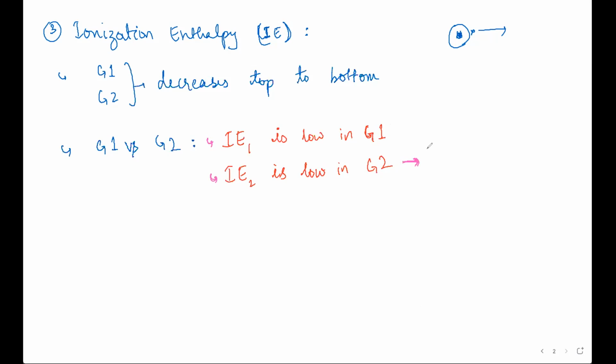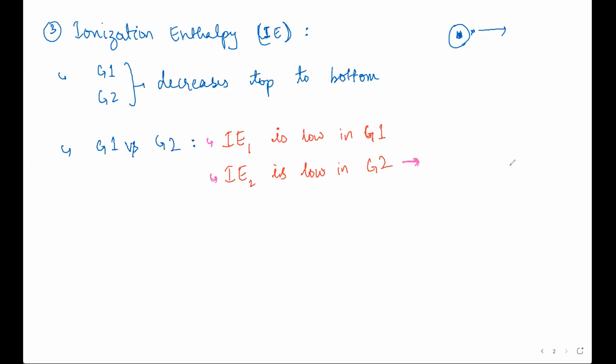So start off by saying that ionization enthalpy, like IE2, is the enthalpy that is required to remove the valence electron from a singly charged cation. It's the second ionization enthalpy.